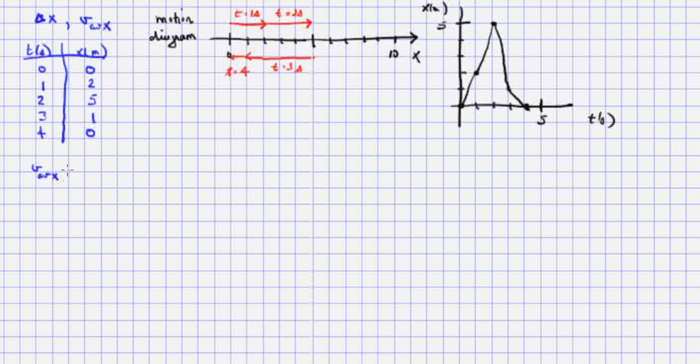And so I'm going to say that if we go from 0 seconds to 1 second, that's defined to be the position at 1 second minus the position at 0 seconds divided by 1 second minus 0 seconds.